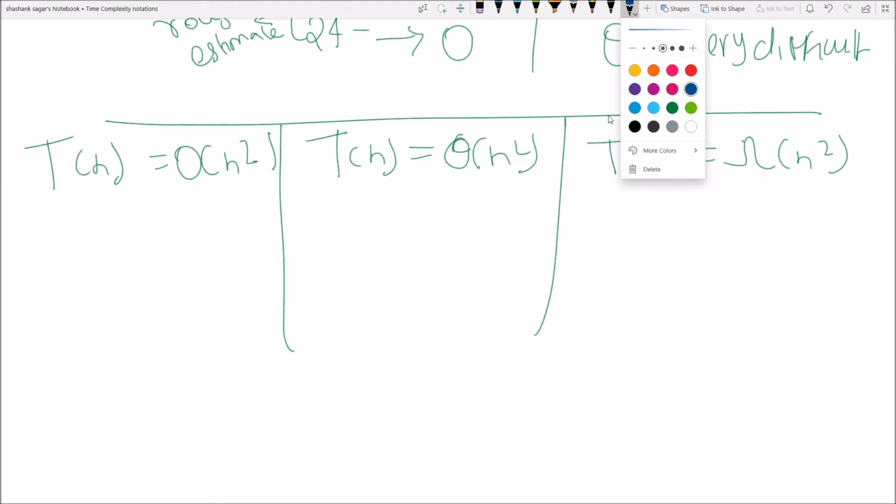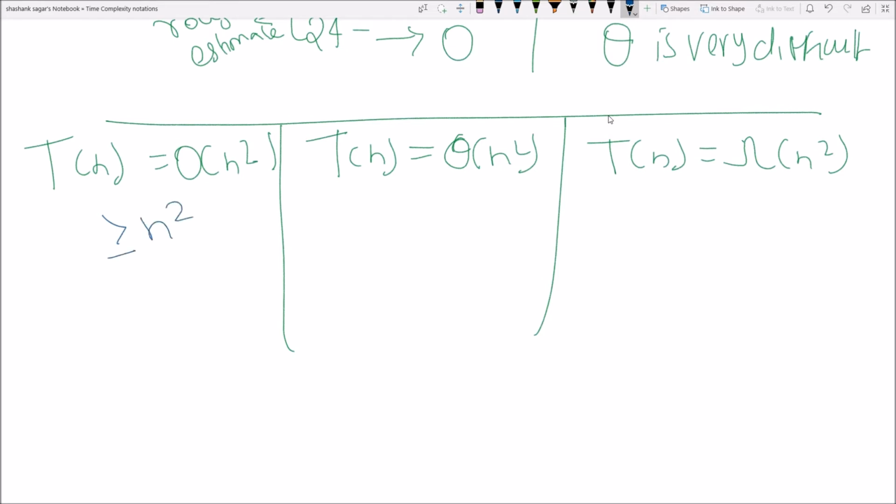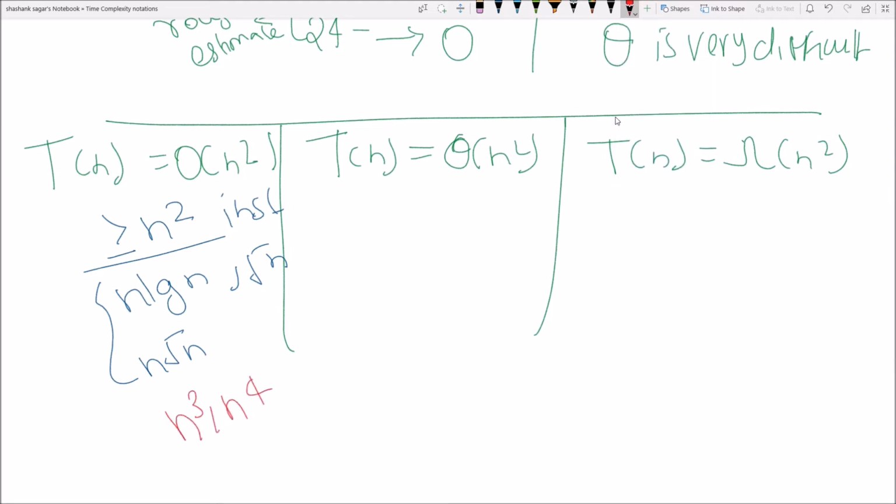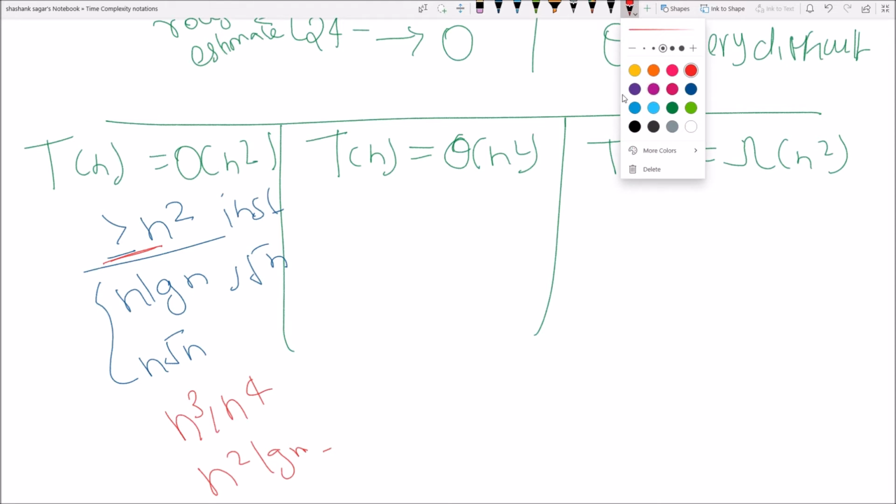If T of n is equal to order of n square, that means at max there will be order of n square instructions required to execute that particular program. It may happen that it will take order of n log n only, order of root n only, order of n root n only, but it will never happen that it will take n cube or n4 or n square log n. This is what we mean by O of n square.